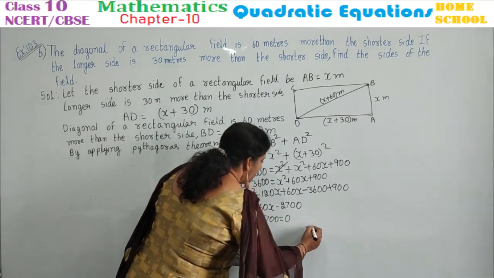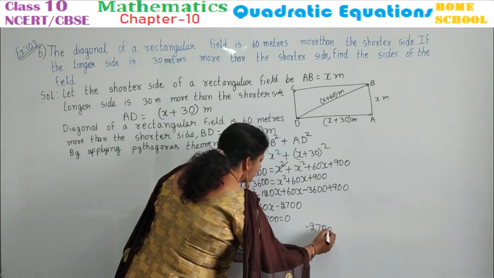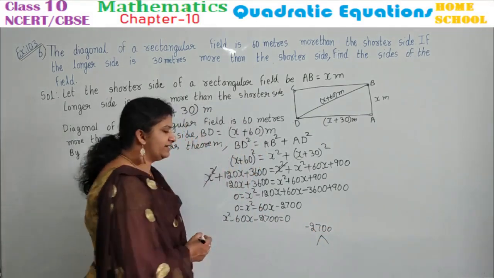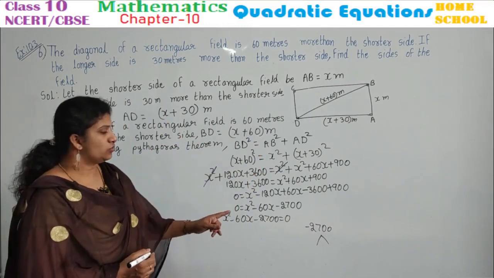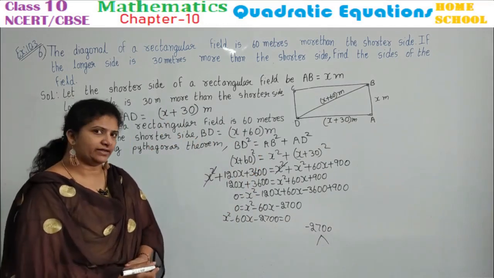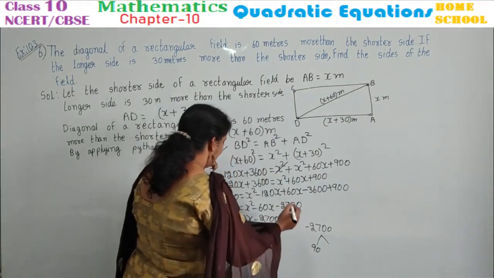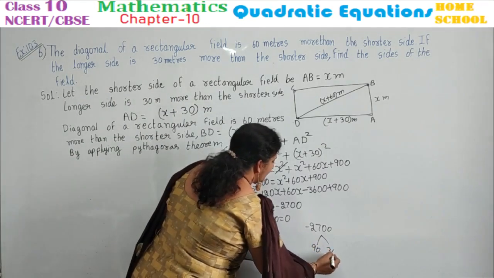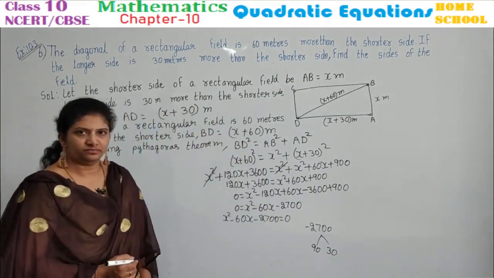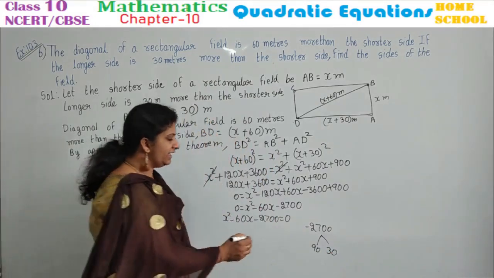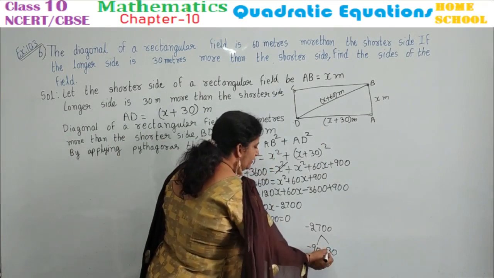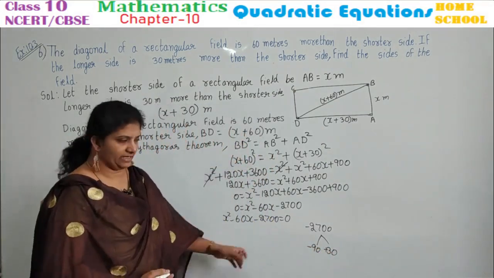It will be minus 2700. Find out factors here, children. 2700, what are the factors? I can take 90 and 30, right? Minus 90 plus 30, you are going to get minus 60.